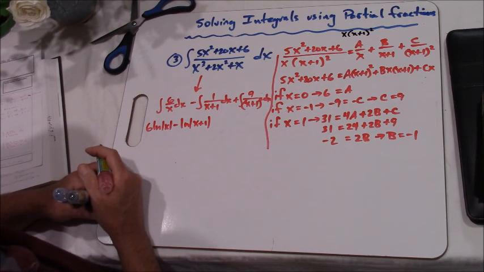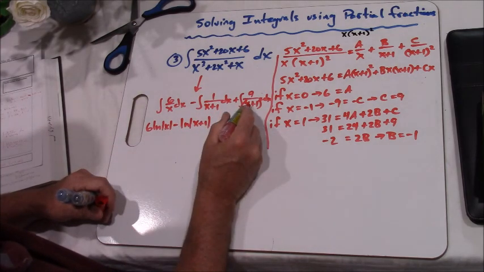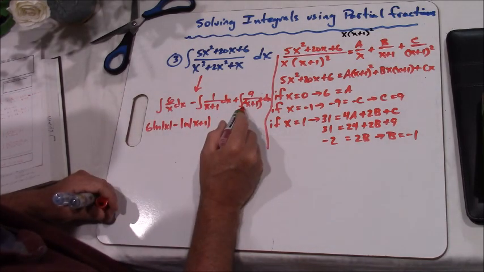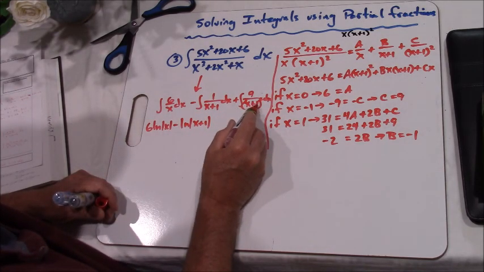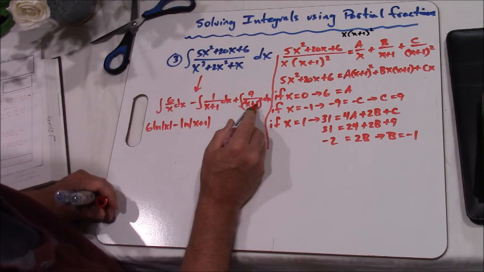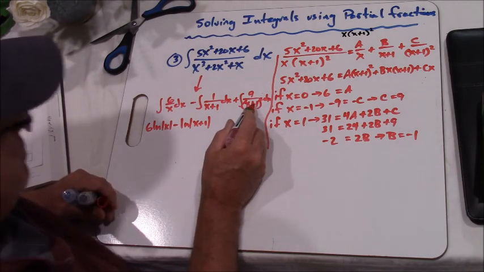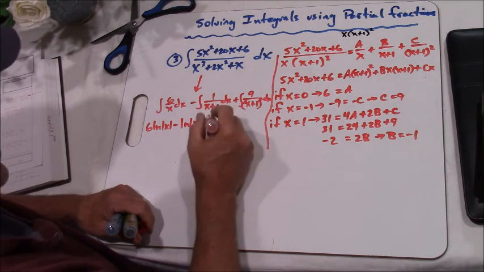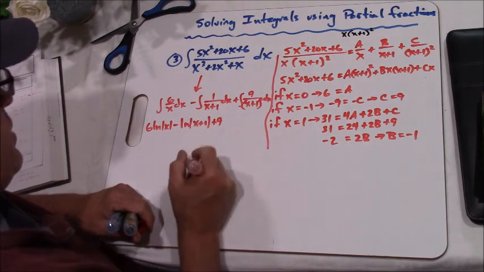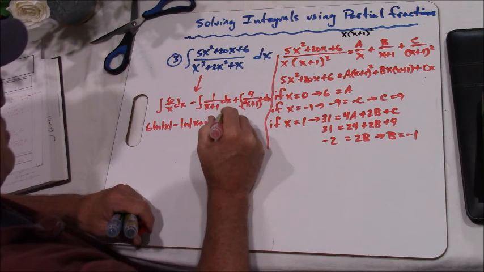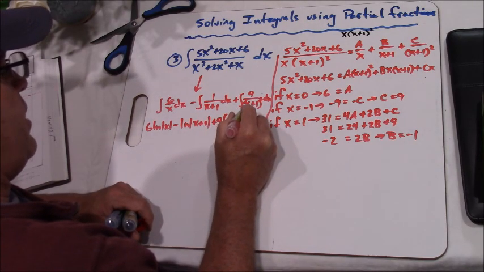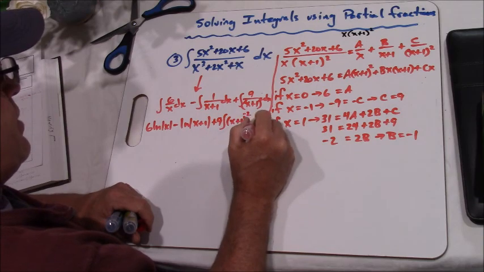And what is that? I don't know if you guys see it, but first thing I see is something inside parentheses raised to an exponent. That should make me think what? Substitution, right? So let me move the 9 to the outside. I'm going to write this as the integral of x plus 1 to the negative 2 dx.